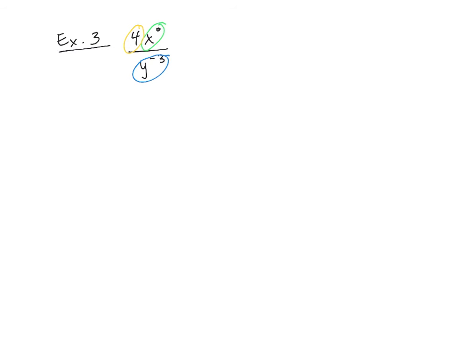The trickiest part is realizing that that 4 is actually going to be seen as 4 to the power of 1, because I don't have an exponent there, but 4 is 4 times itself 1 time. So if there's no exponent on a base number, it's always going to be like an invisible 1 there, to the power of 1. So 4 to the 1 times x to the 0 over y to the negative 3.